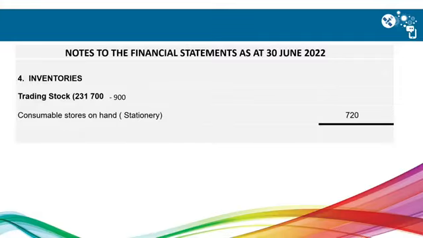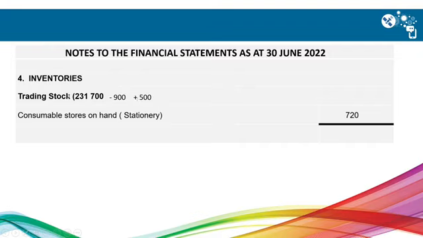The next item that affects my trading stock is, do you recall, that we had a 500 cost of sales calculation for the goods that were returned of 800 Rand. Why am I adding the 500 Rand? The stock came back into the business. Any stock that's returned and is in good condition surely can be sold.